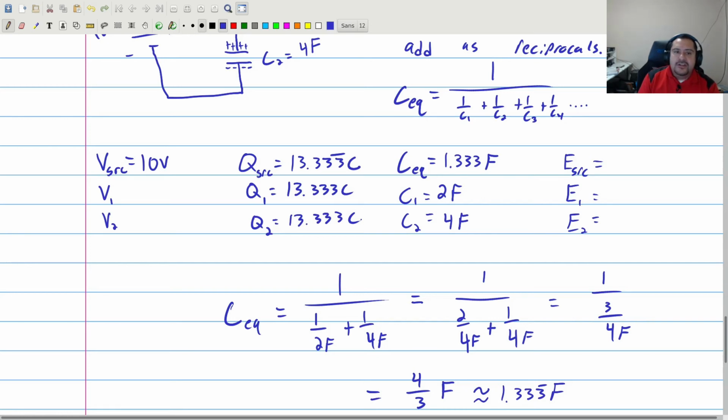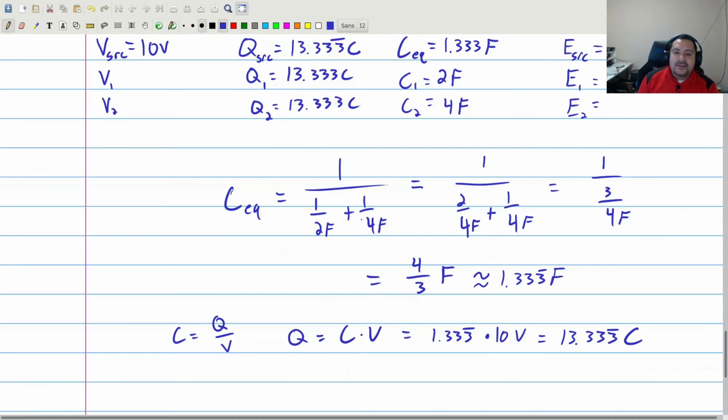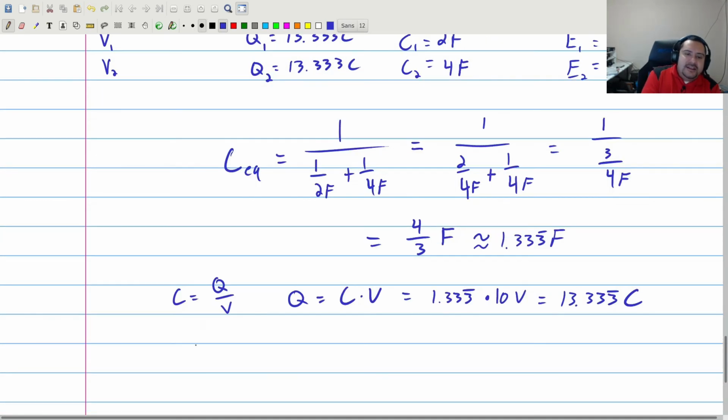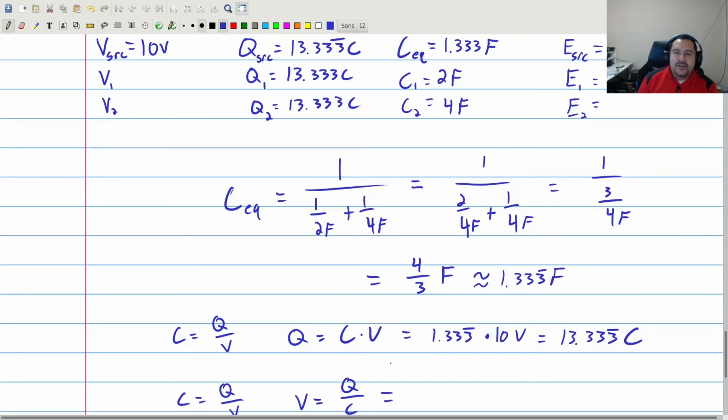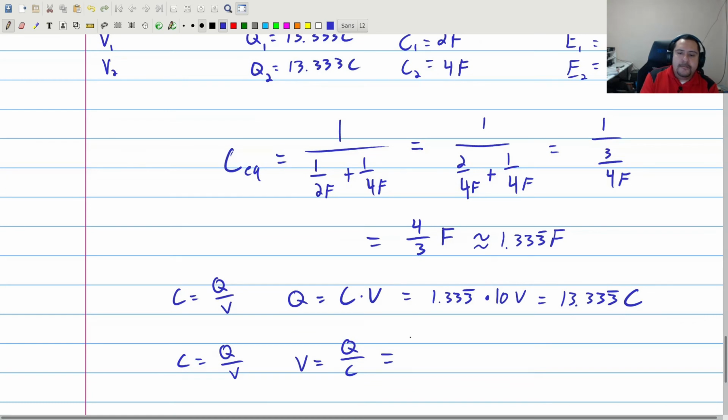Now we can use the formula C equals Q over V to find the voltage. So C is going to be equal to Q over V. So V is equal to Q over C. So for the first one, it's going to be 13.333 coulombs divided by 2 farads.